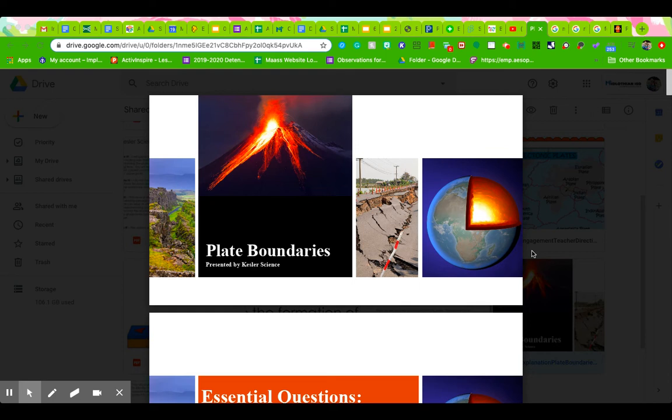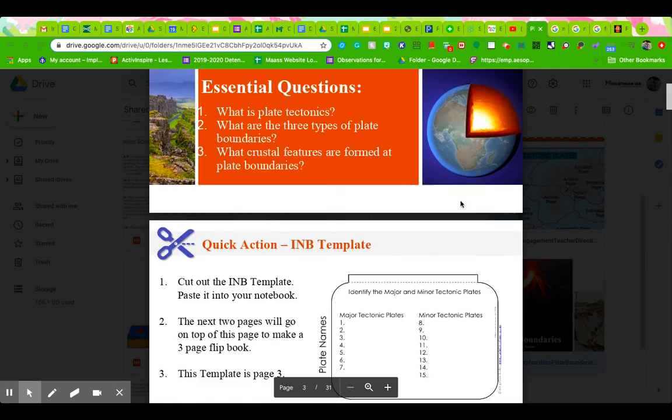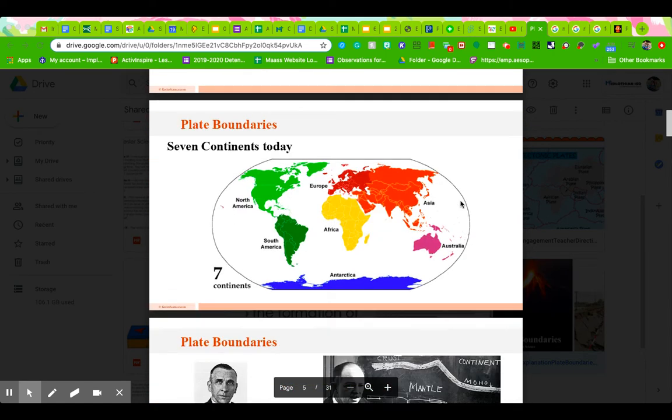Now we're building off that because we're moving into a topic called plate tectonics, and basically what happens on these plates on the Earth to form geological events like earthquakes, volcanoes, etc. I'm going to give you a quick overview and then show you a quick BrainPOP.